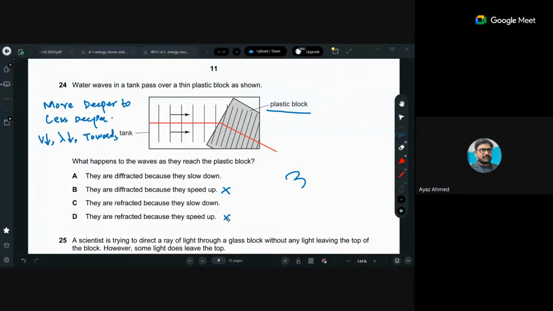So these two are deadly sure to be incorrect. What about these two? Is diffraction taking place or refraction? Refraction, exactly. So the diffraction options would also be gone because this is not diffraction. So option C will be correct. Is it clear to all?